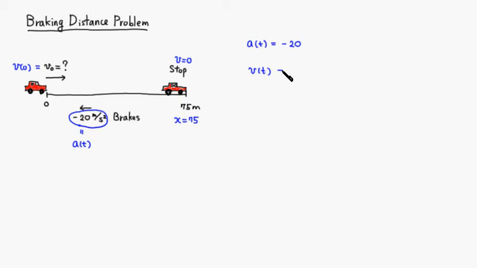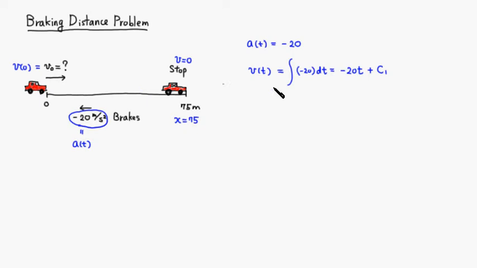It's the antiderivative of negative 20 with respect to time, which is simply negative 20t plus some constant, say c1.